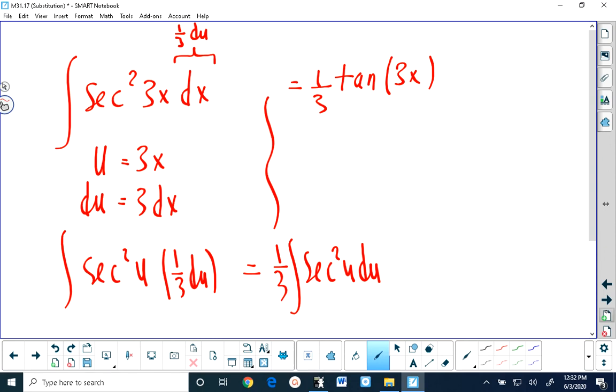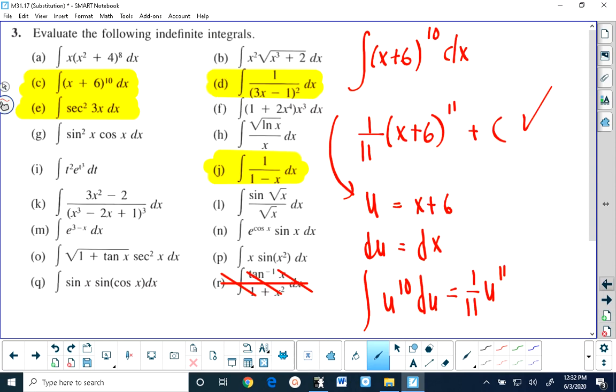Well, the antiderivative of secant squared of u with respect to u is tan of u, and we have that third in front, but u is 3 multiplied by x. So I think sometimes substitution can be overkill.